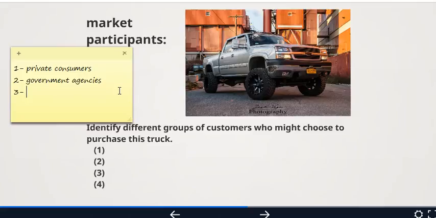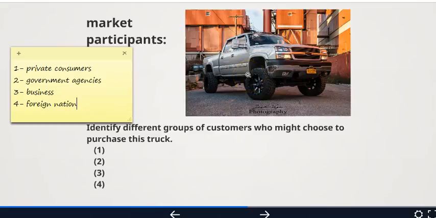A business could buy that truck. Or even a foreign nation. We do export things, not often, but we do. So a foreign nation could buy that truck. Those would be the different groups of consumers who might choose to purchase that truck.